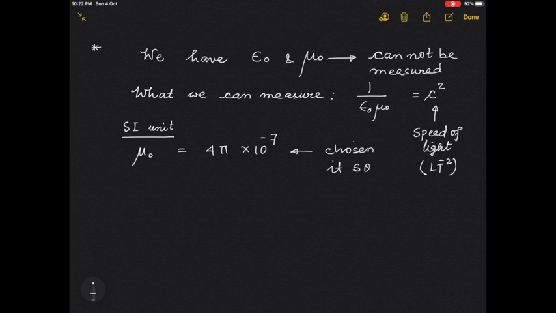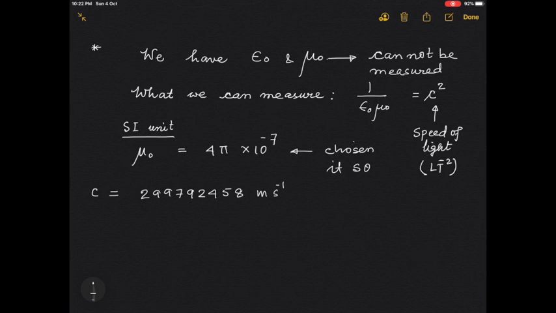Now that's a completely arbitrary choice. If you take this value 10 to the minus 7, and if you do not know already, the value of C is fixed in SI units, in meters per second, obviously.